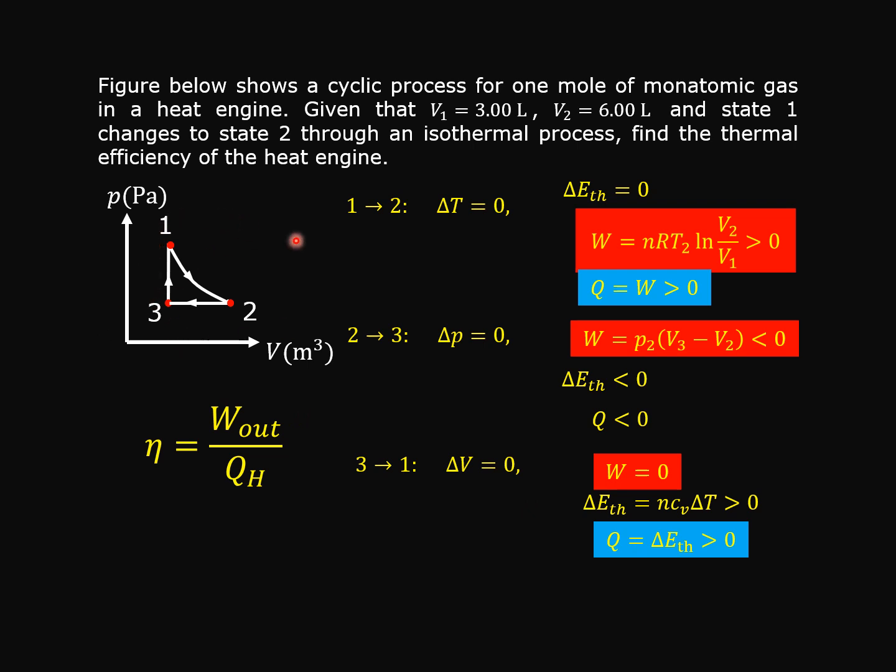Among these three processes, only the isothermal and the isochoric processes will contribute to the QH. So we need to sum up these two terms, and we won't consider this one, because the Q is a negative value for the isobaric process. It is considered as the QC, not the QH.